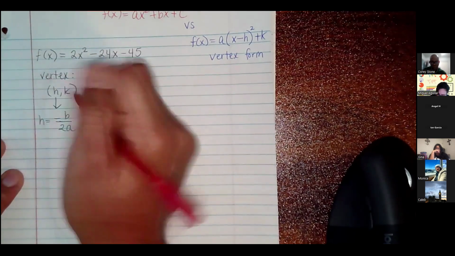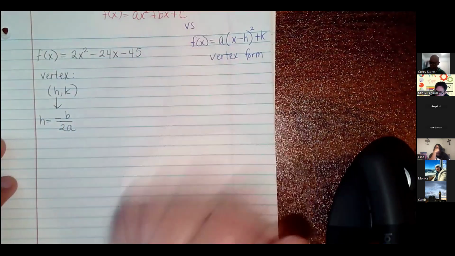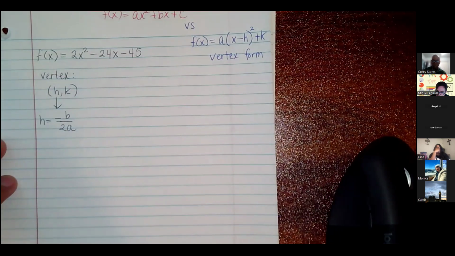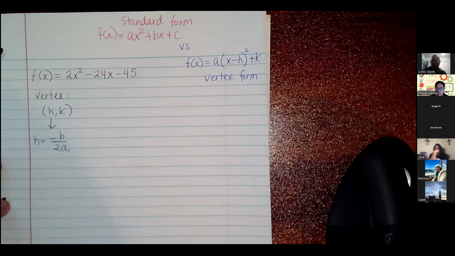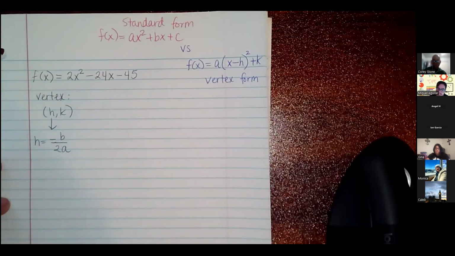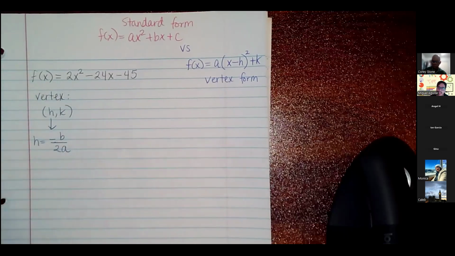So if you need, and this is a prime example of the kind of information that you might put on your note sheet, right? Because it cannot be the case that when you see a problem, you're just like, I have no idea what to do. You should be able to look at the equation and ask yourself some very simple questions, like, what form is this in?